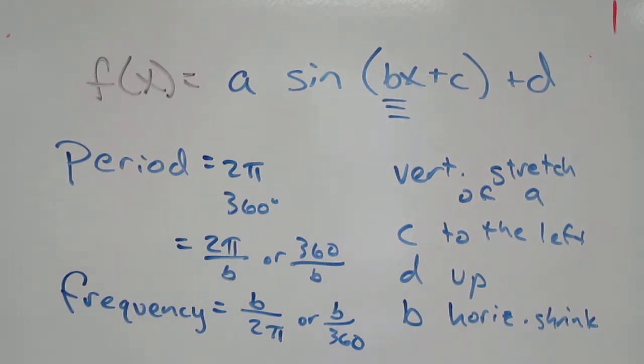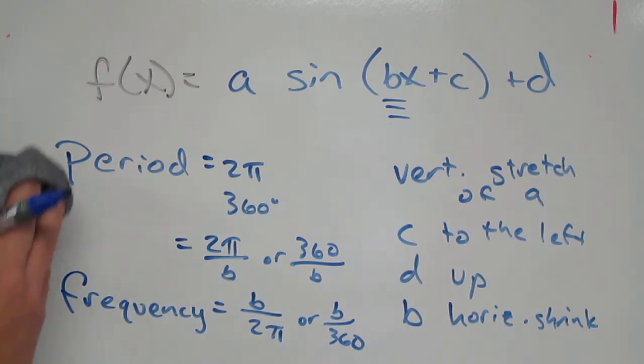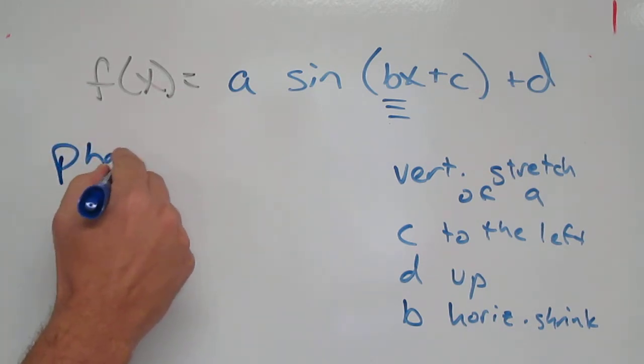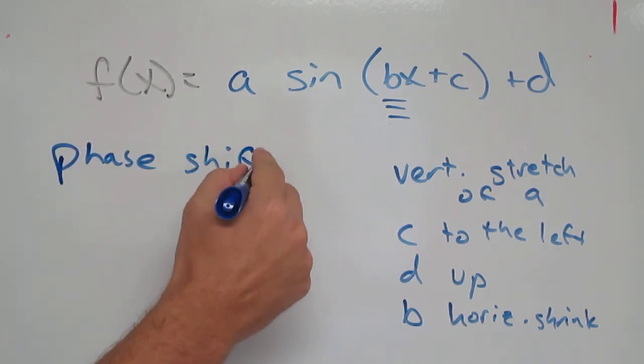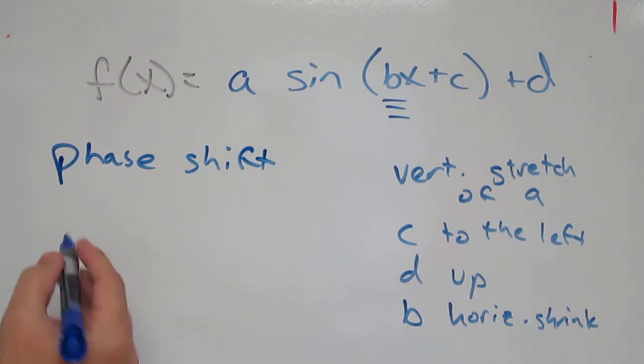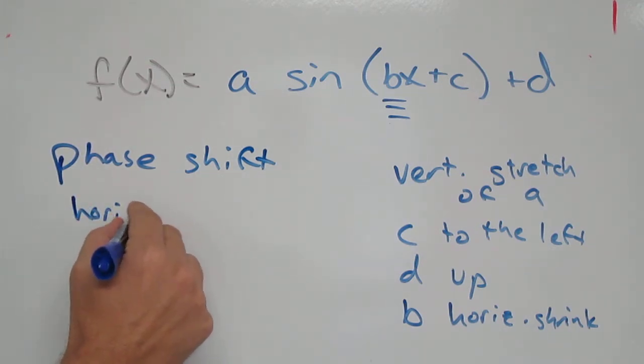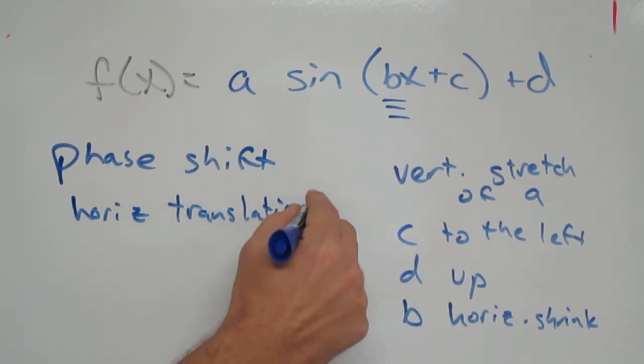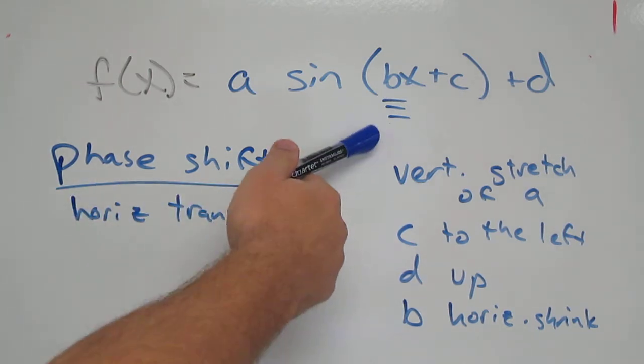All right, last thing I want to talk about as far as just the vocabulary. We talked about period, we talked about amplitude. We also get this term phase shift. And phase shift is analogous to our horizontal translations. And it's a little bit tricky because of how this looks.